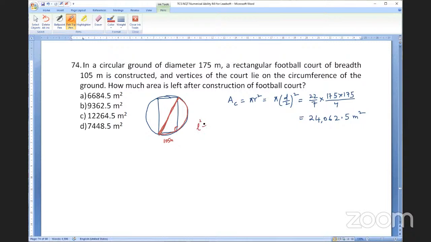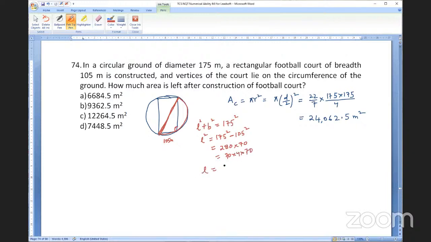So L square plus B square should be equal to 175 square. B square we know. L square will be 175 square minus 105 square. That is 175 plus 105, 280 into 70. So this is 70 into 4 into 70.